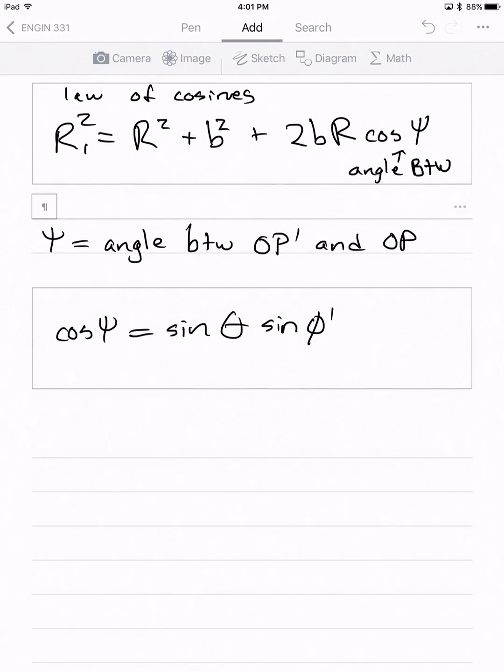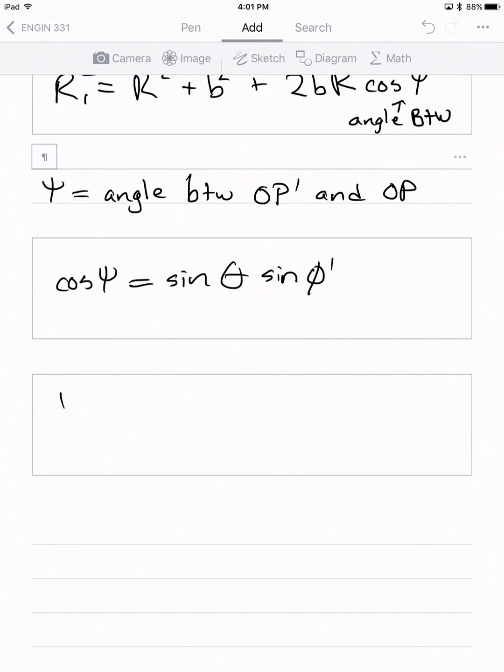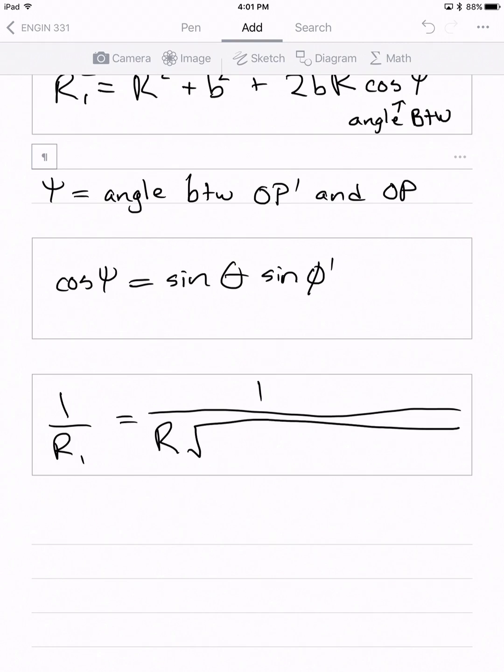This is the part where we make the approximations. 1 over R1 is equal to 1 over a whole bunch of stuff. Oh, I'm going to try and draw a flatter line there. 1 over big R times the square root of 1 plus b squared over big R squared minus 2b over R sine theta sine phi prime.